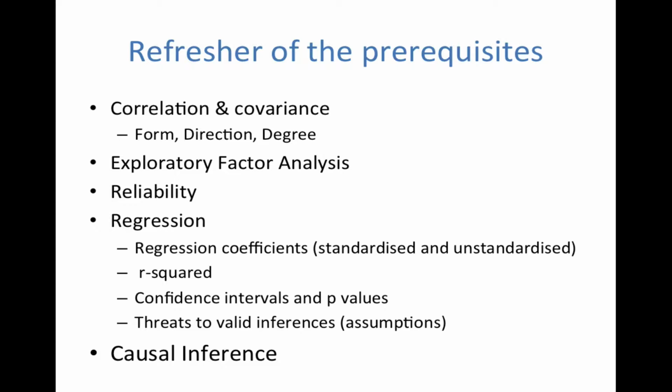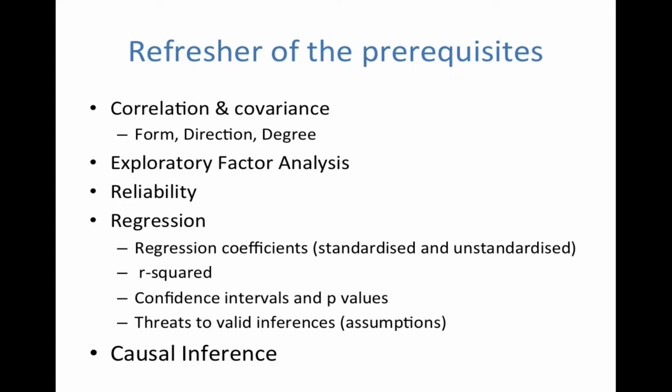So by correlation, we're talking about the linear relationship between two variables, and we generally characterize a correlation in terms of its form, and generally we're talking about linear relationships, so more of one variable, more of another. The direction refers to whether it's a positive or negative relationship, and the degree refers to the strength of that relationship.